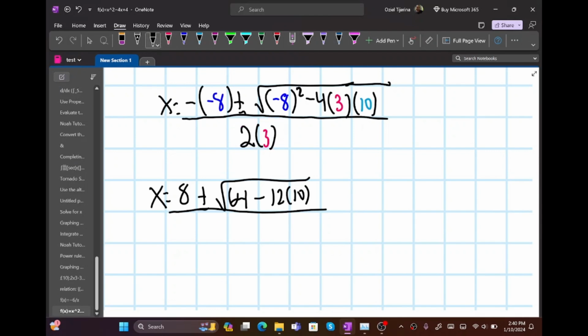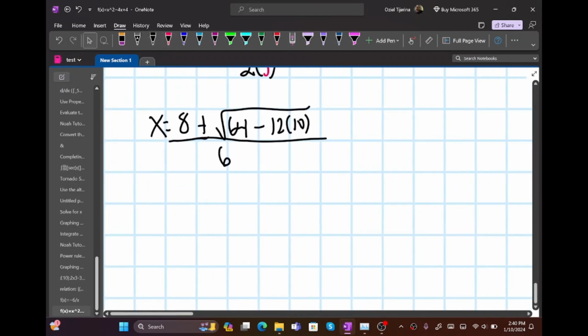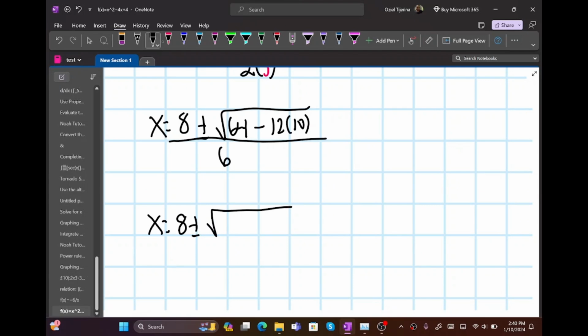So we have x equals 8 plus or minus the square root of 64 minus 120.